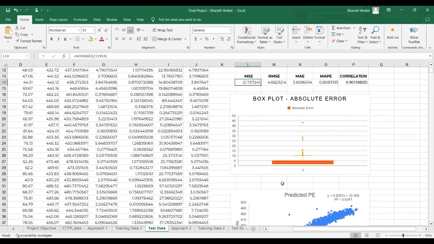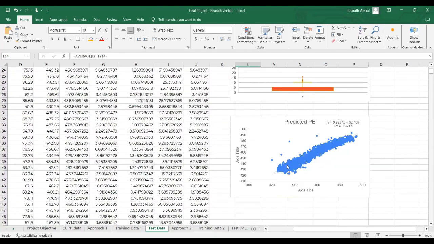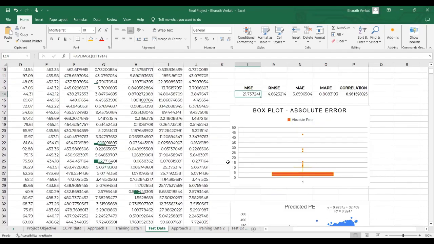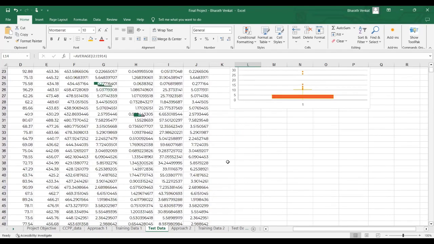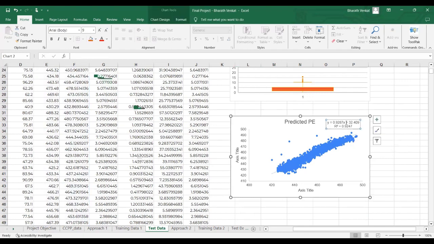But I also did go ahead and plot the actual PE versus the predicted PE, and it looked pretty linear. The correlation between the predicted PE and the actual PE is pretty linear, so it's a pretty strong model.